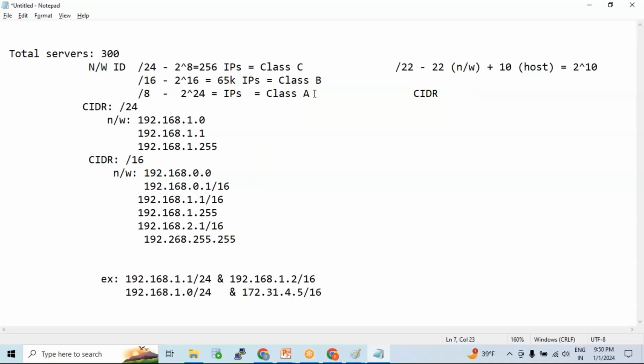Mostly we go with class C, which gives 256 IPs. That's more than enough, you will not be keeping more than this many in one single network. At worst, you go with class B, which gives 65K IPs. That's even better.